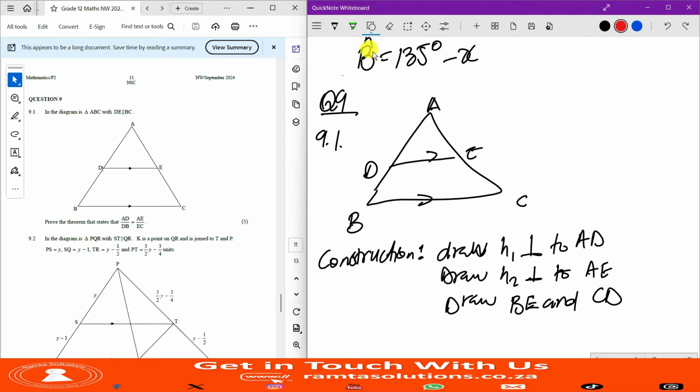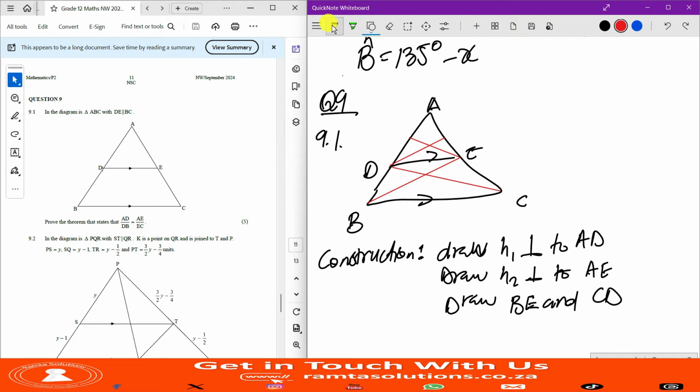I'm going to change the colors now because I need to draw. Let me use a red one. So here is your perpendicular, and here again it's your perpendicular. They said draw BE, so here you are, BE. And then they also said draw DC.